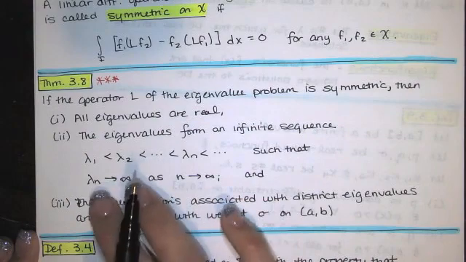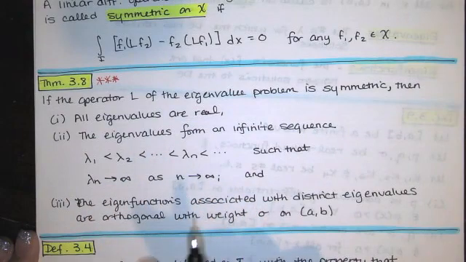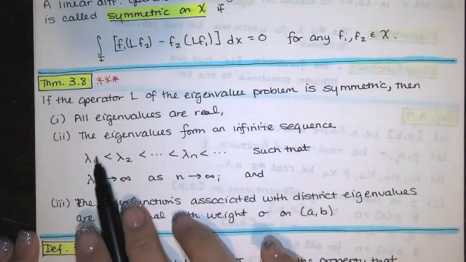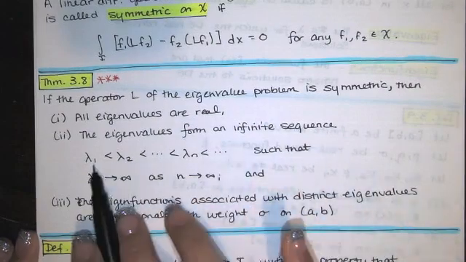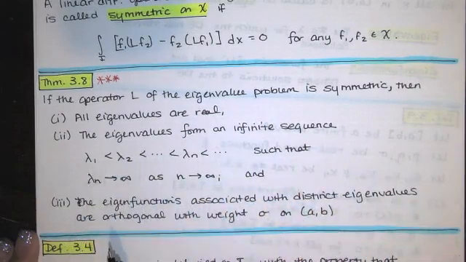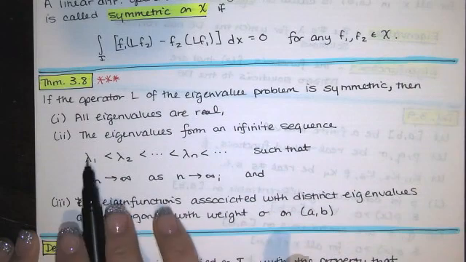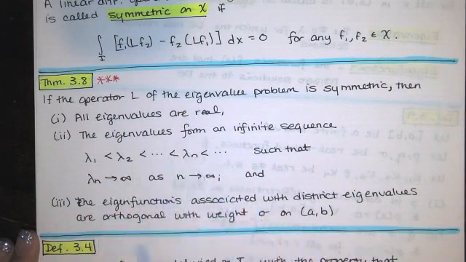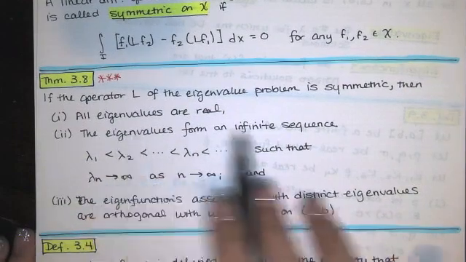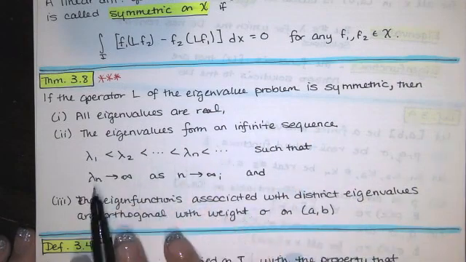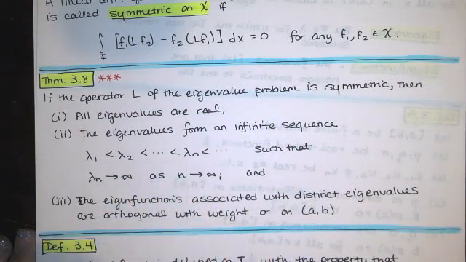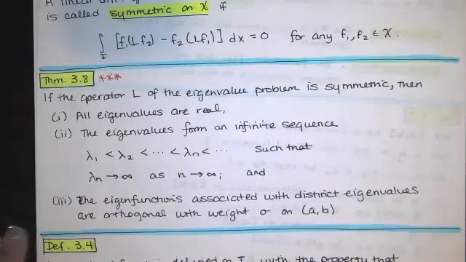And as n goes to infinity, the lambdas go to infinity. Rather than just writing lambda, we write them with a subscript because there are infinitely many of them. It makes sense to add that subscript, lambda sub n. That's the first one, that's the second one, that's the nth one, and so on. So we've got an infinite sequence of eigenvalues, and they go to infinity as n goes to infinity.